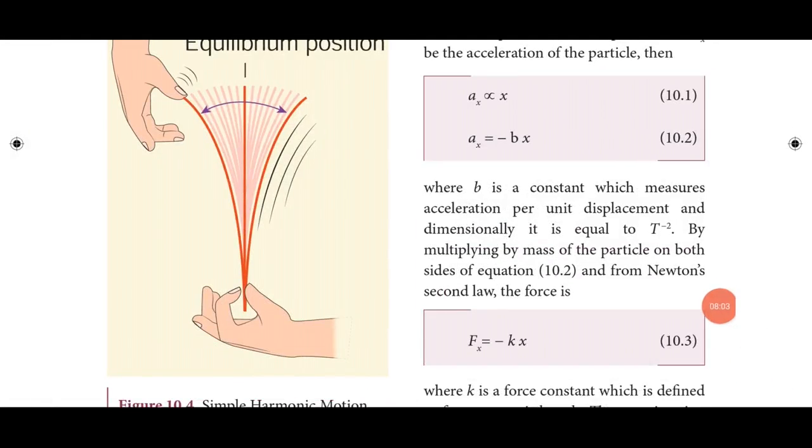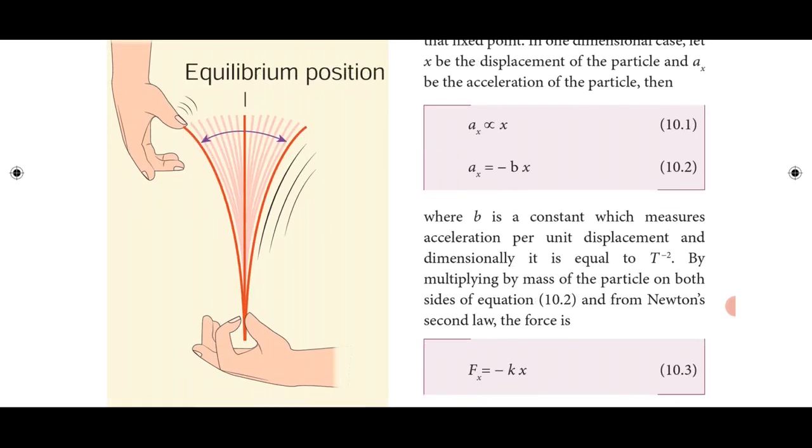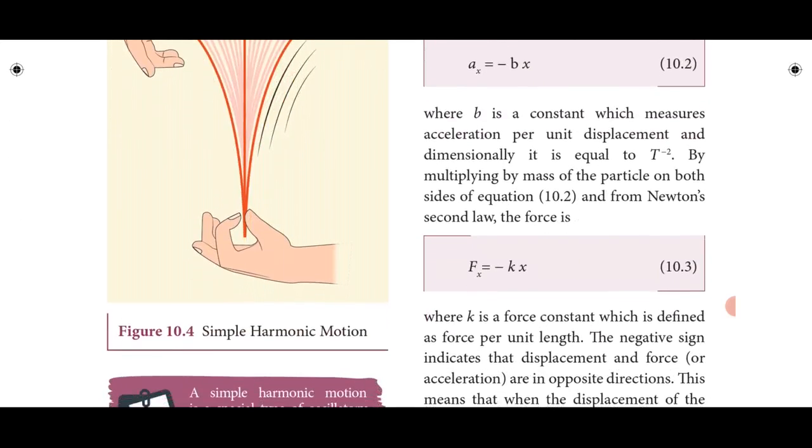So what is that acceleration? Acceleration is nothing but the acceleration of the particle, a_x, and x is the displacement. So acceleration is proportional to the displacement, that is a_x is proportional to x, that is a_x is equal to minus b x, where b is a constant which measures the acceleration per unit displacement, and dimensionally it is given as T to the power minus 2.